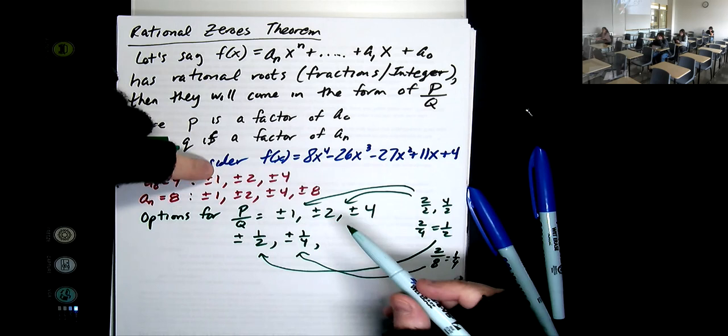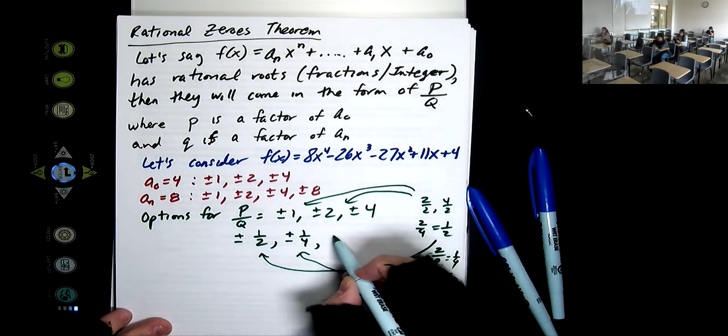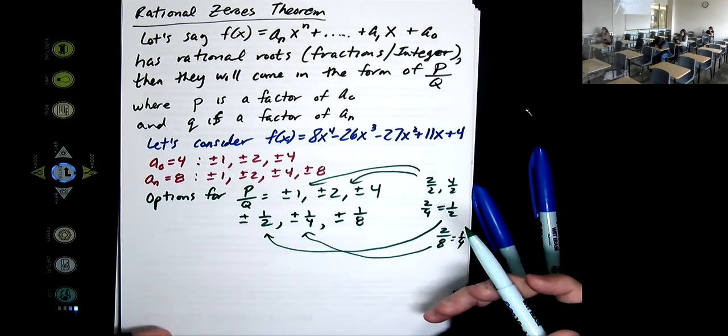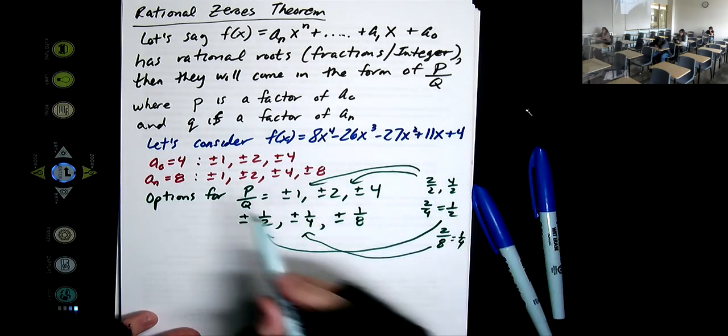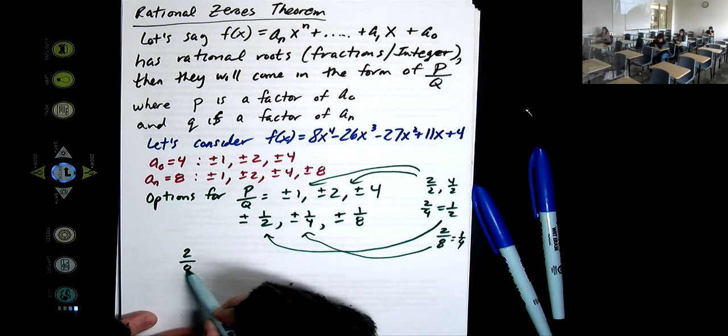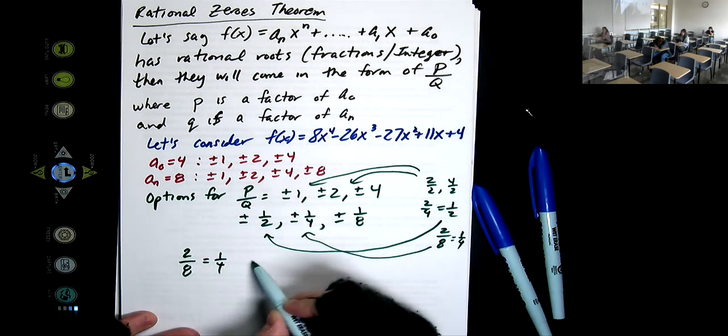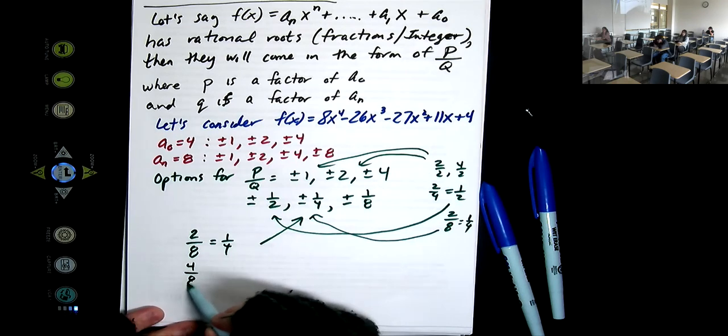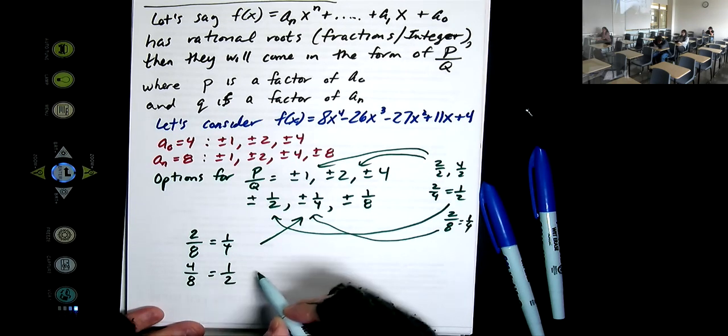Finally, I'll divide each of these by 8, and I get plus or minus 1 over 8. If I divide the 2 over the 8, I get 1/4, which I already have. And if I divide the 4 over the 8, I get 1/2, which I already have there too.